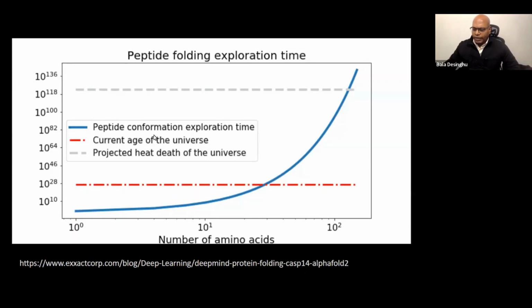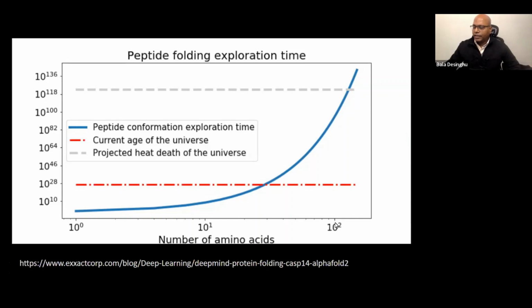Just to quickly give you an idea about the computational complexity: this red line is the age of the universe, which is about 10 to the power of 28, I think it is seconds. And the gray line is the death of the universe.